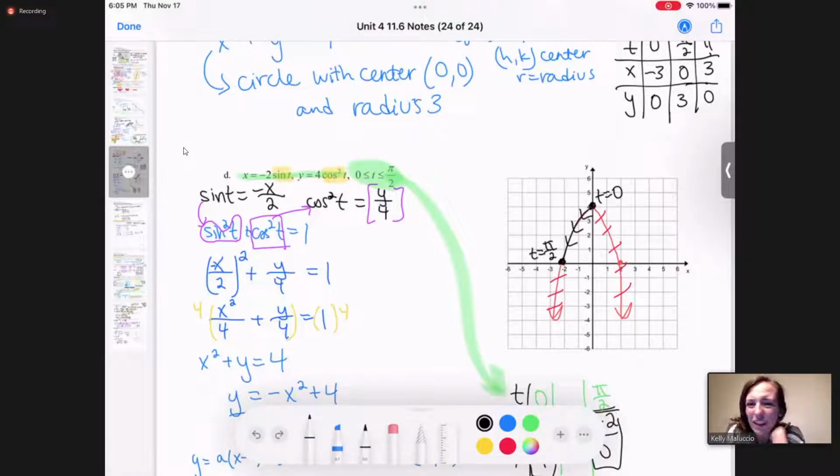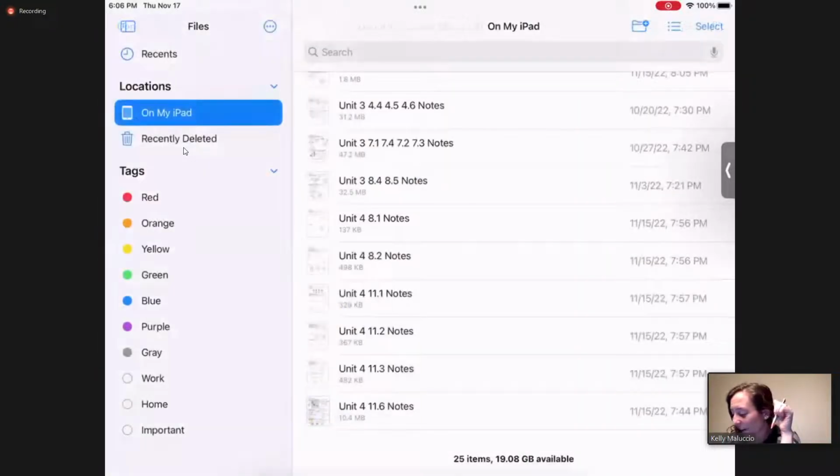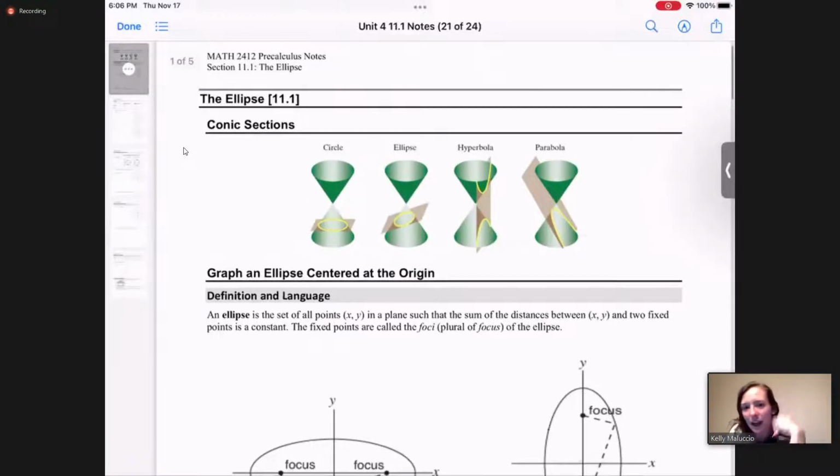Hopefully that makes more sense now. For that particular problem, if you're having trouble, make sure you view the similar example. Maybe it'll help. It's not always helpful. But hopefully that made a little bit of sense. Thank you.